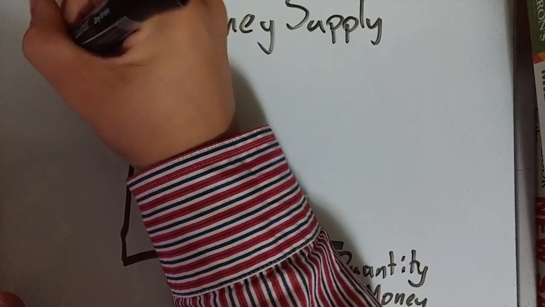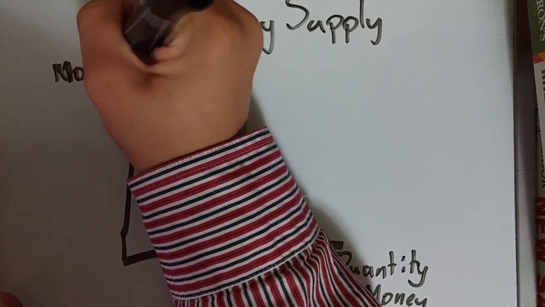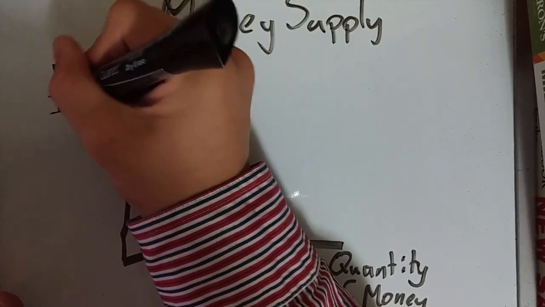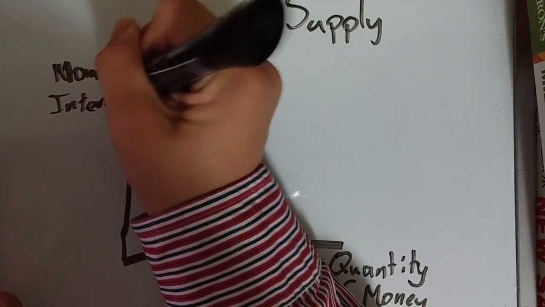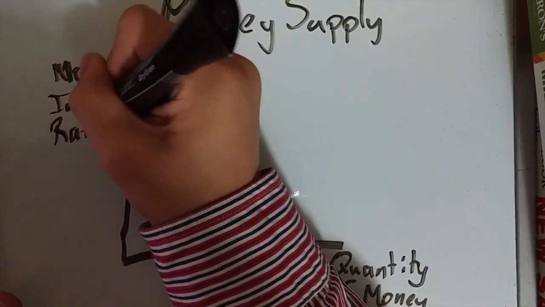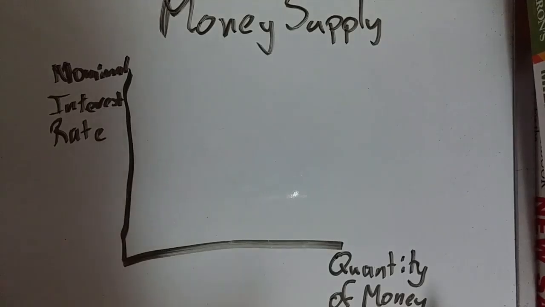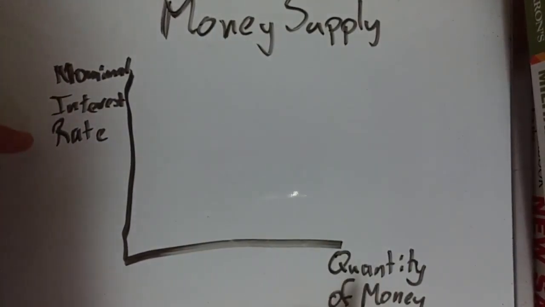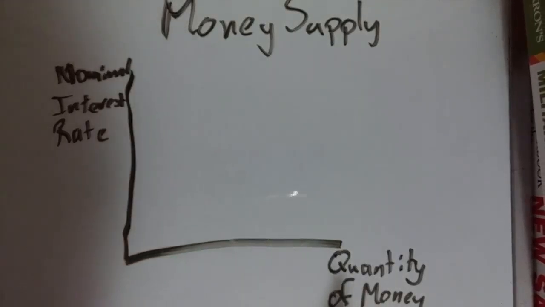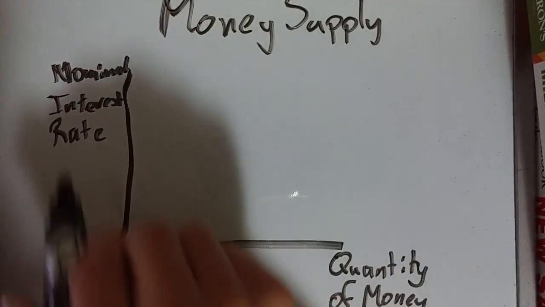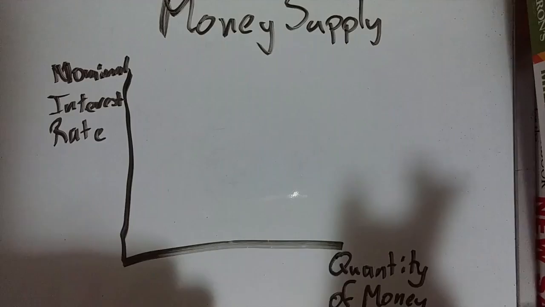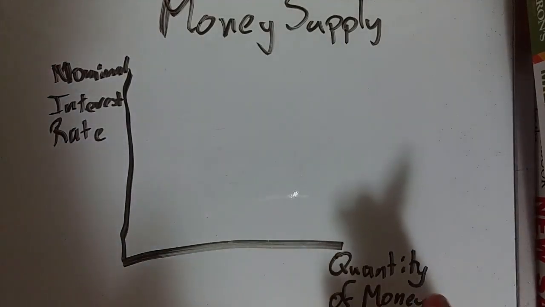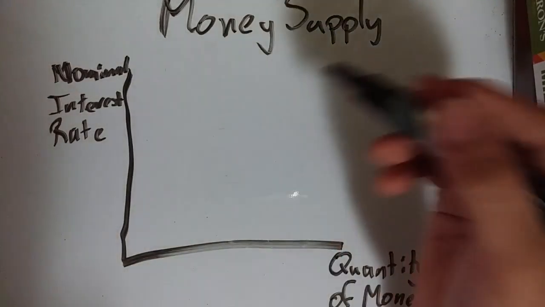And this side is nominal interest rate. Later on, when I start doing quick graphs, I'm going to label this NIR and this one QM. But remember, on the AP test, you're going to want to write the whole thing out. It's just so that the graders don't get confused.